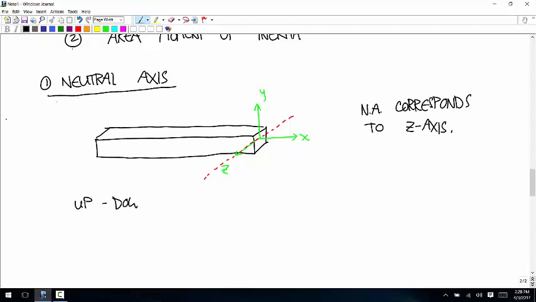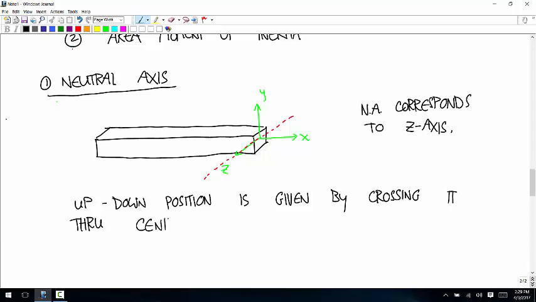So the up-down position is given by the fact that it crosses through the centroid of the cross section.